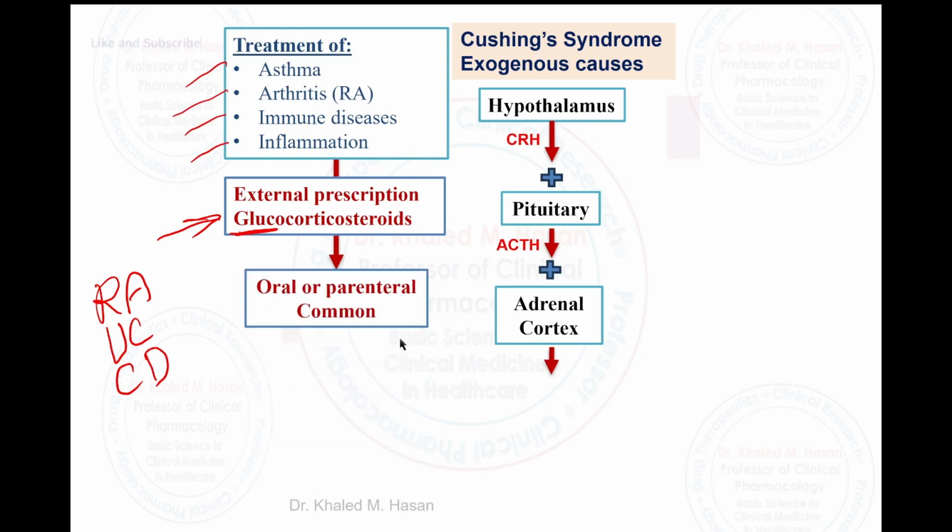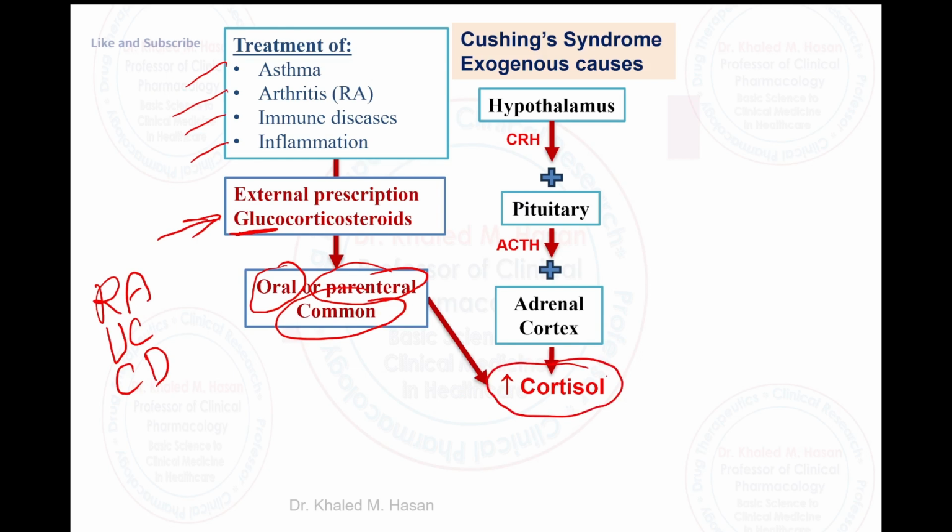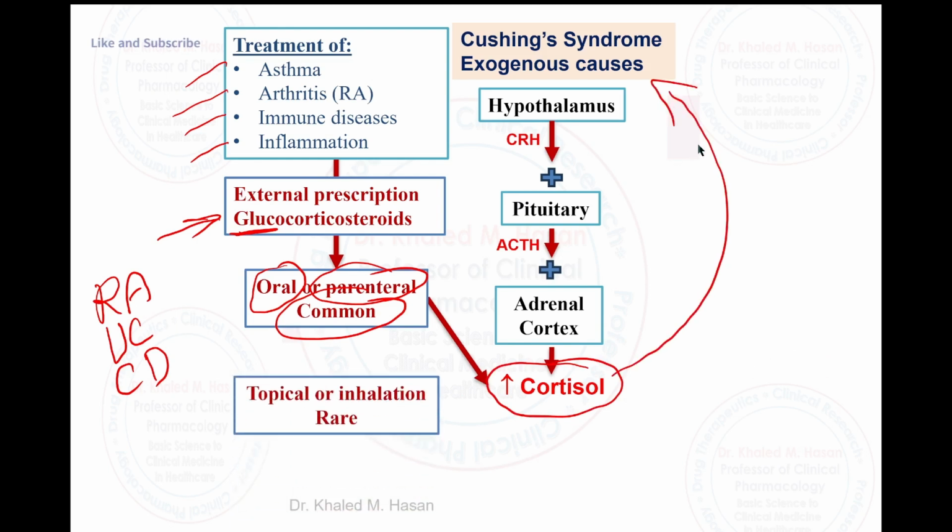This is the most common cause, when you prescribe oral or parenteral injection. This increases the level of cortisone from external sources, so the cortisone will be high in our body, and this will lead to Cushing syndrome. It is very rare to see Cushing syndrome when you use inhalation, ointment, or cream. The oral form is the most common in practice.